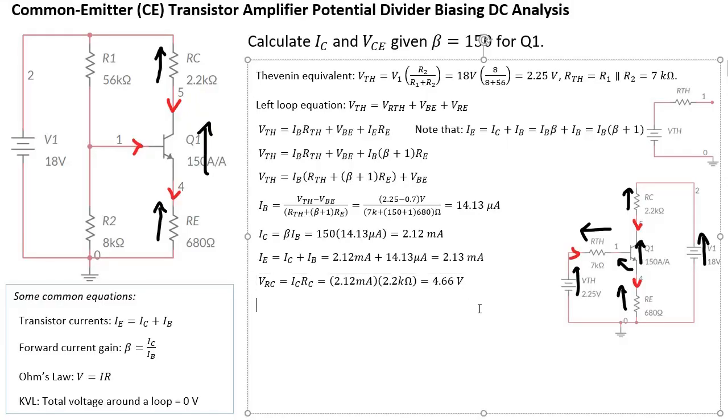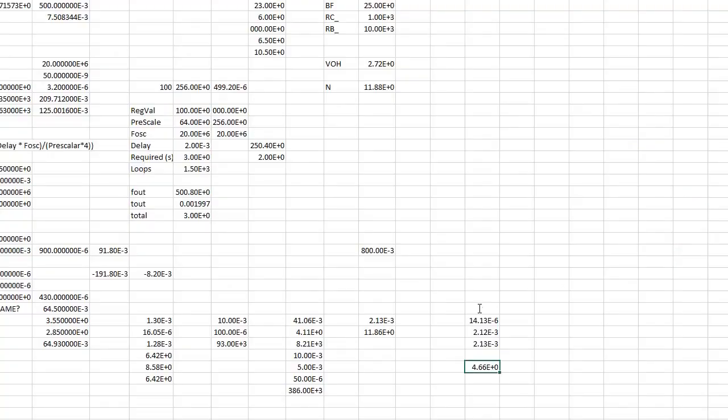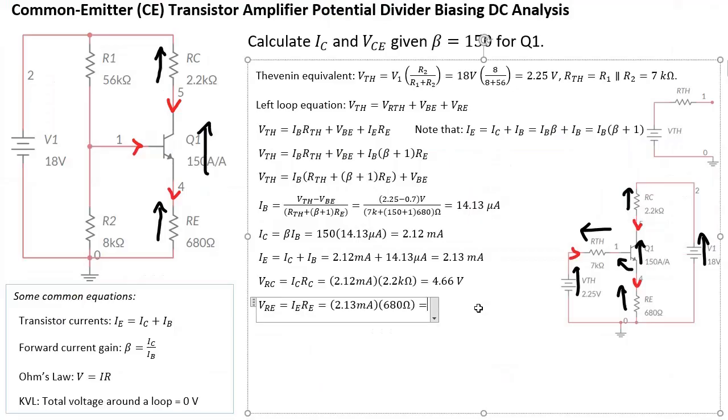And similarly for VRE, that's equal to IE times RE. So IE is 2.13 milliamps multiplied by 680 ohms, so that's 1.45 volts.